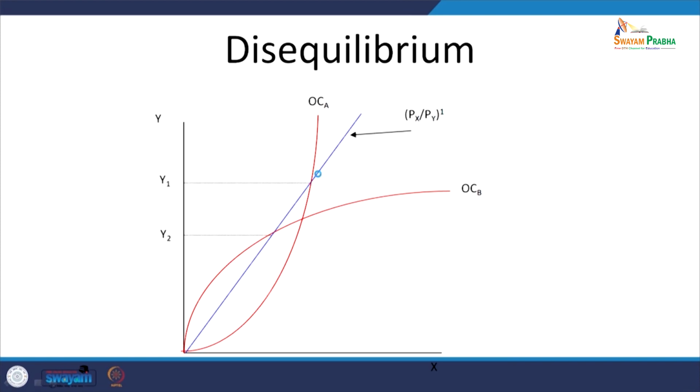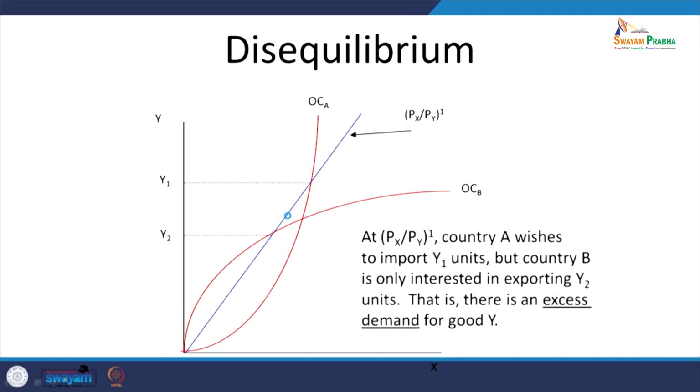Now, look at this point, this equilibrium situation we are trying to explain. There are 2 points to note. At this point you can easily find that the relative prices for country A and country B are different, so they are not equal. Here country A is willing to export and import differently.